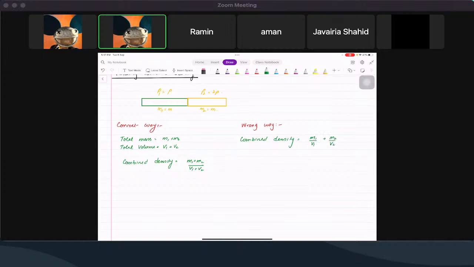You're not supposed to do that, because this is simply like you're adding both densities together, which cannot happen. One is m1 plus m2 over v1 plus v2, the other is m1 over v1 plus m2 over v2. That's basically a completely different math function, and you don't want to do that. Am I clear here?